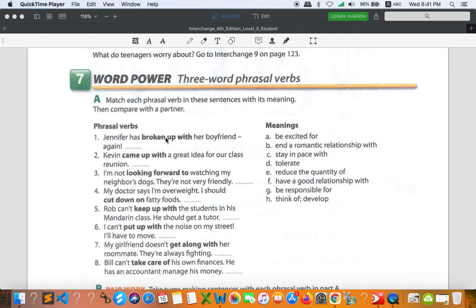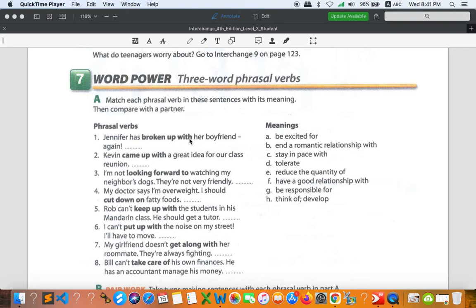But if you just simply say broken up alone without with, it is a 2-word phrasal verb. But this one we have 3. All right, so let's try all together. In this case, we match phrasal verbs and the meanings right here. Let's begin with the first one. Jennifer has broken up with her boyfriend again.